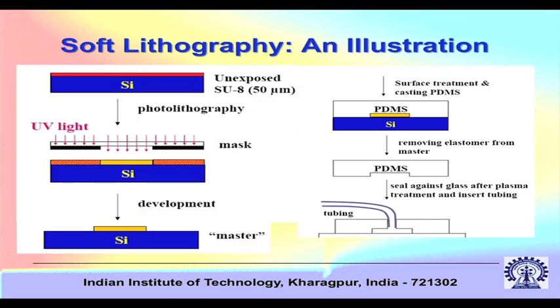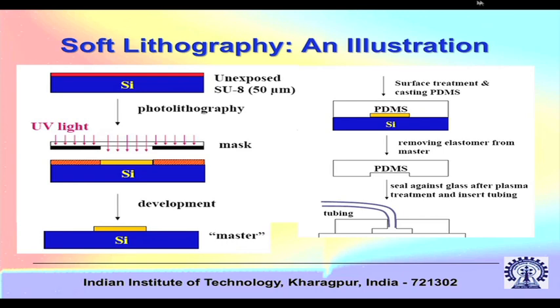So this is a simple schematic representation. The previous was a diagram to represent the generic process, but how do we make microchannels using that? That is what is demonstrated in this figure, which is of particular importance to us for microfluidics based applications.